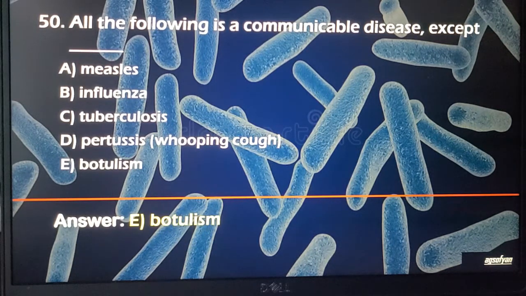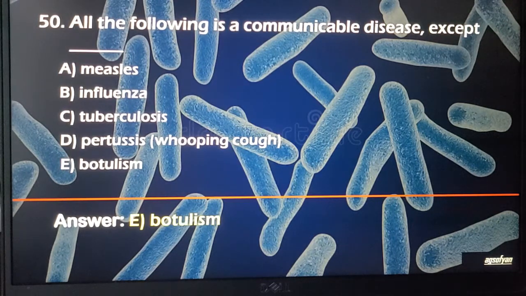Okay? Communicable disease means disease that can be transferred, contagious disease. Measles is contagious. Flu, okay, it is contagious. Tuberculosis, it is also contagious. Pertussis or whooping cough, it is also contagious disease. Botulism is not.